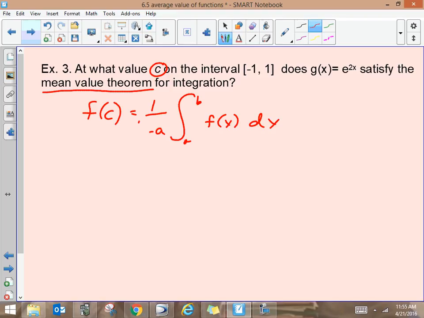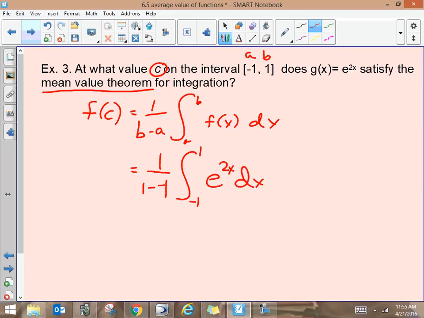All right. Okay, now we put in our A and our B. What's my A? -1. B is 1. So I'm just going to work down here, and then I'll work over here. 1 minus a -1. -1 to 1. F of x is e to the 2x.